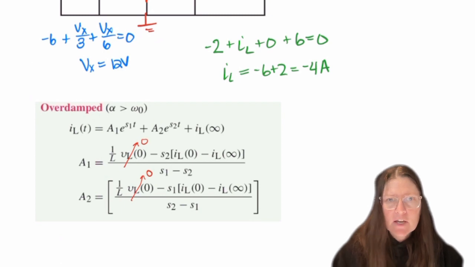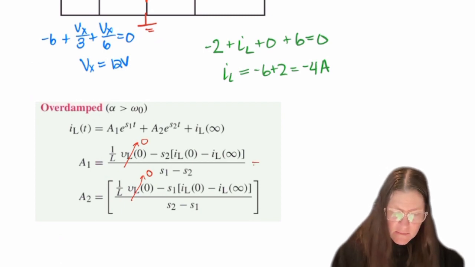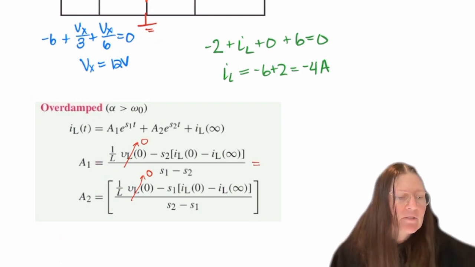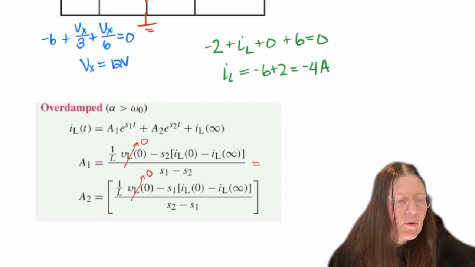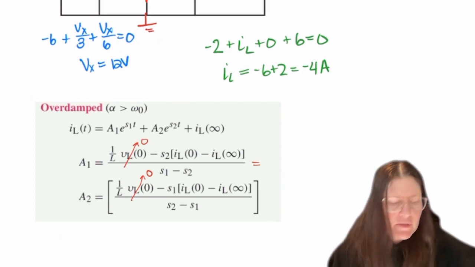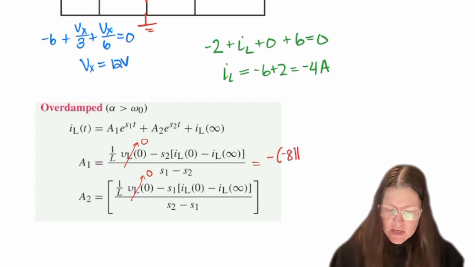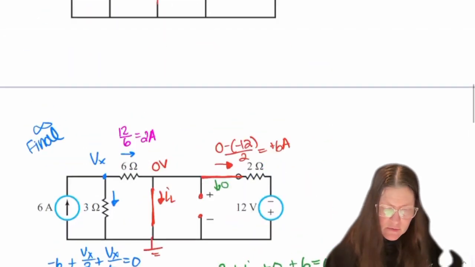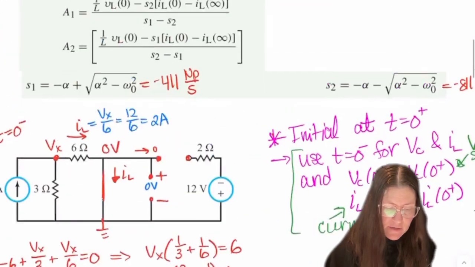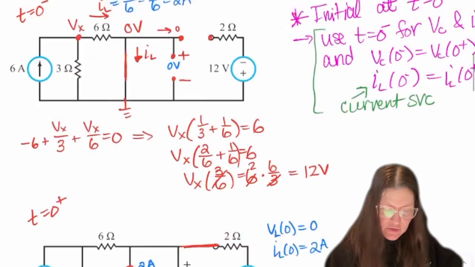Then we can find A1 by the -S2, which was -811, and then IL of 0 was 2 amps.